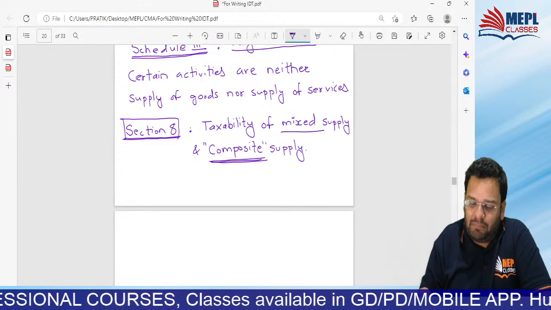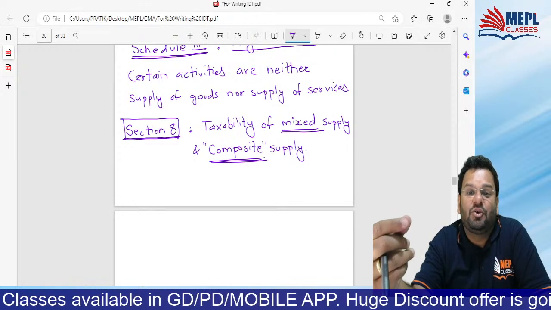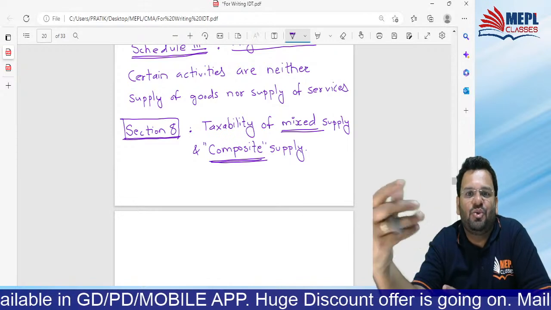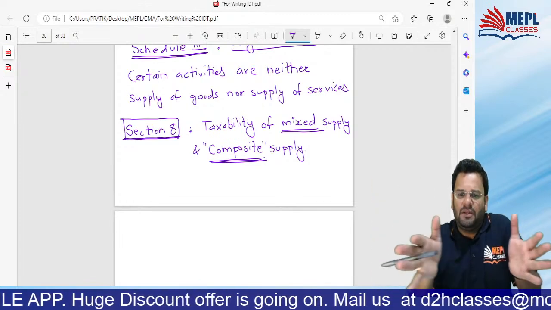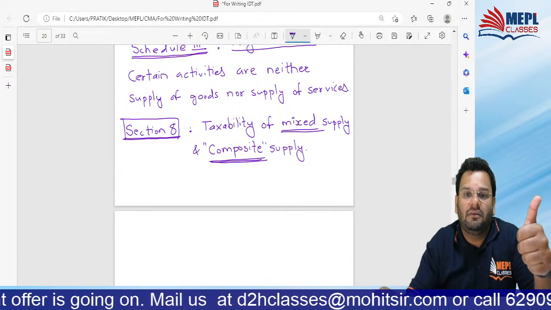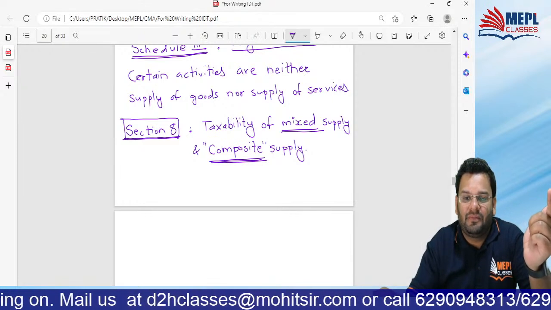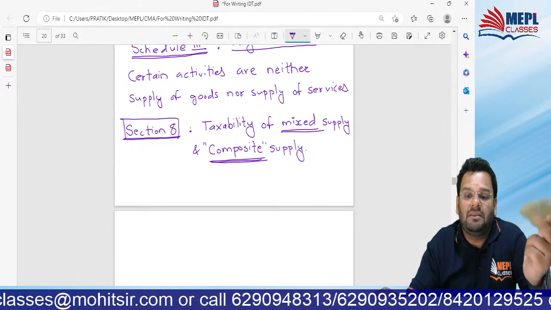And what is mixed supply? It is your friend's birthday. So you go to a gift shop and you purchase one package. That package consists of wallet, perfume, pen.